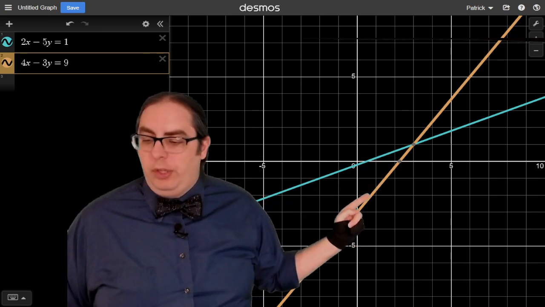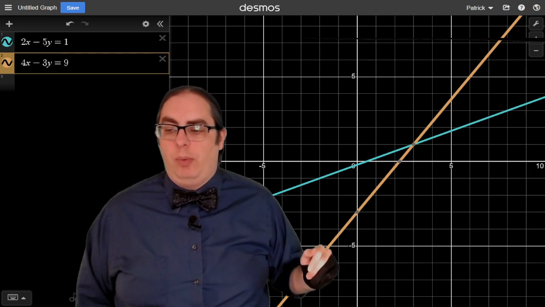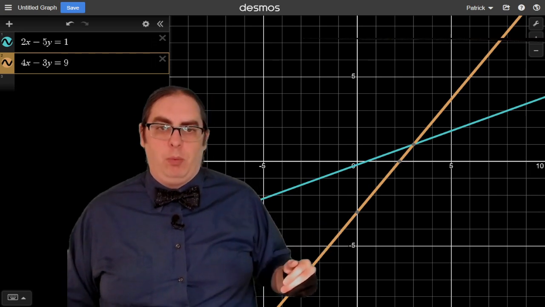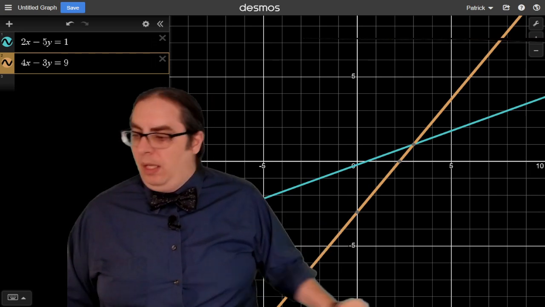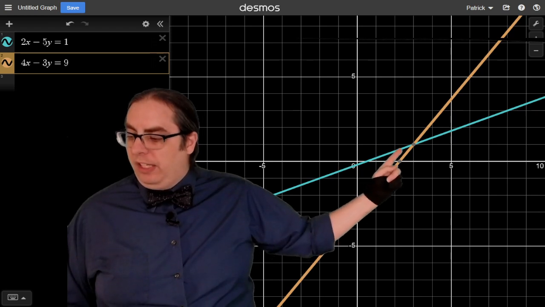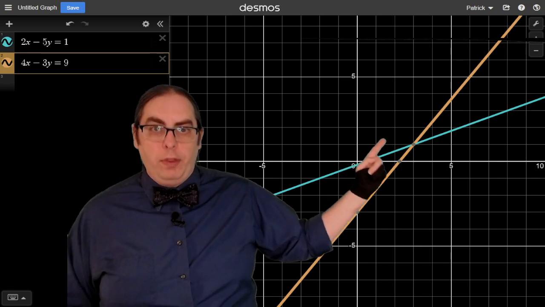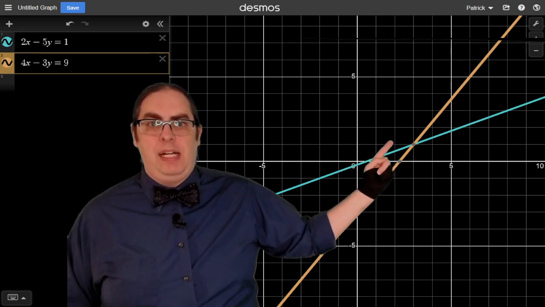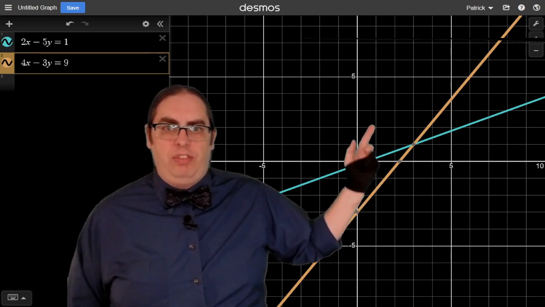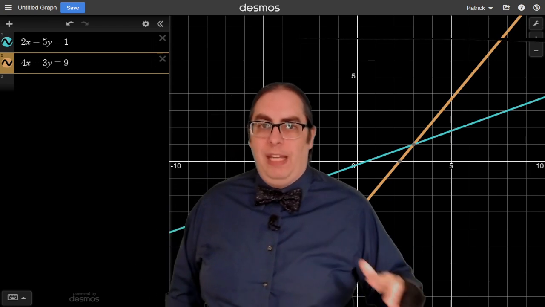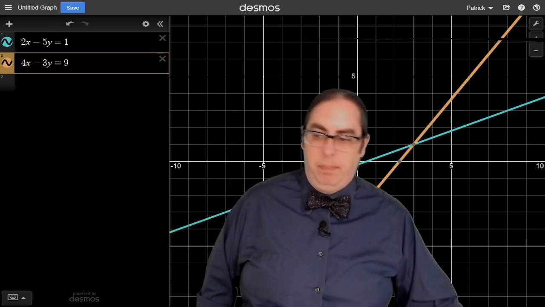Every single point on the orange line is a solution to the equation 4x minus 3y equals 9. The place where those two lines intersect each other is the place that is a solution to both of the equations at the same time, which is exactly what it means to be a solution to the system.